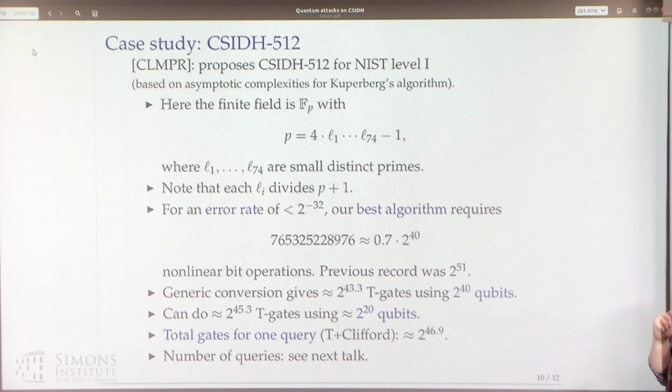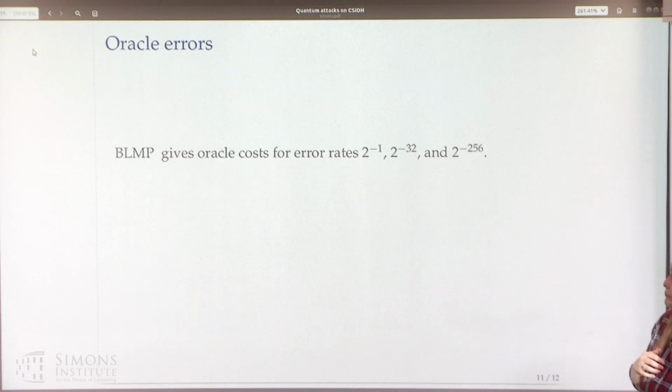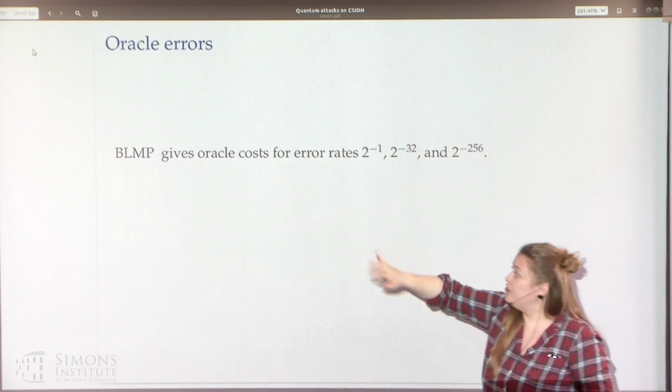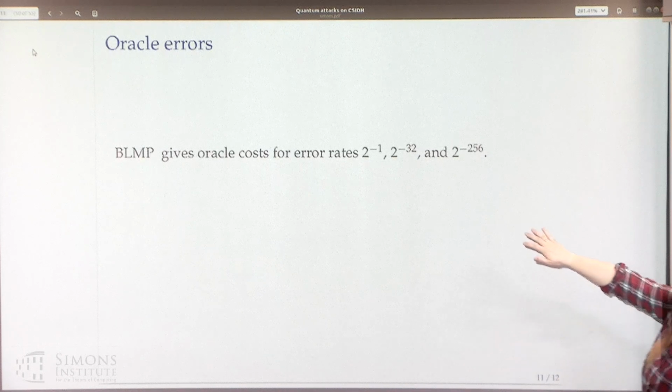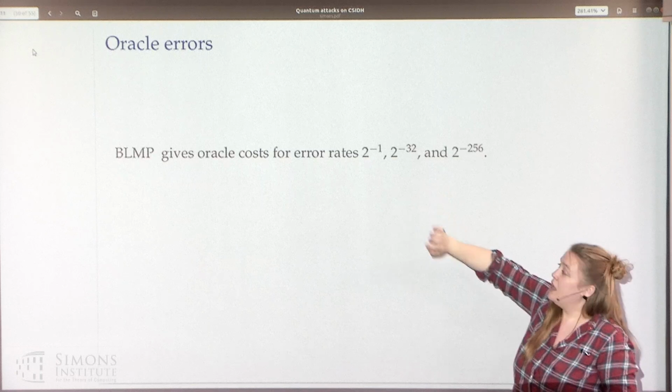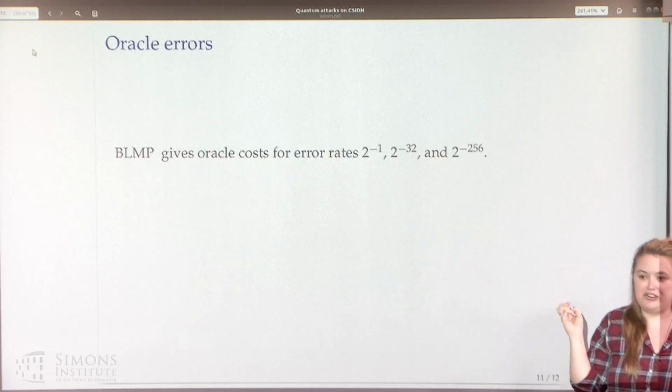And so one of the biggest questions is what to do with errors. The paper that I mentioned, which has these numbers, I told you we'd look at some different error rates, and we really write down the concrete ones for these 3 error rates. So this is a relatively arbitrary choice.